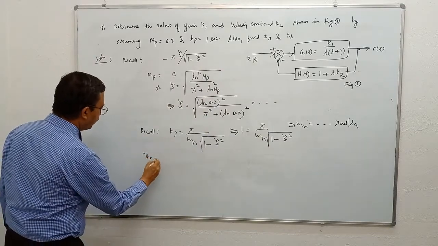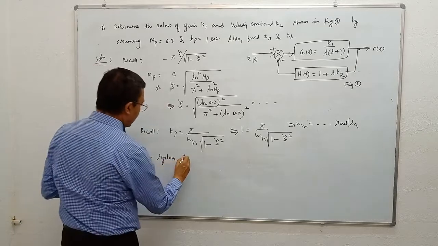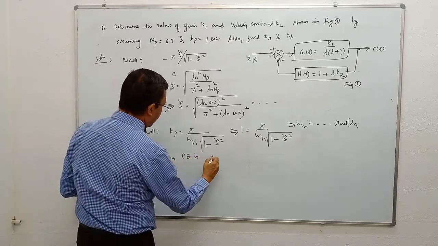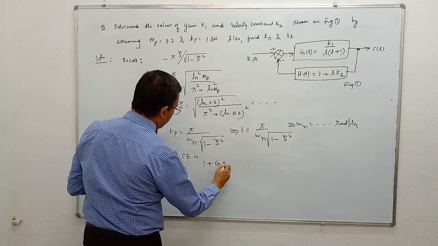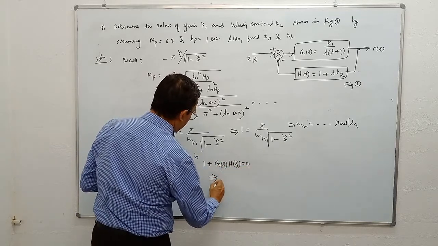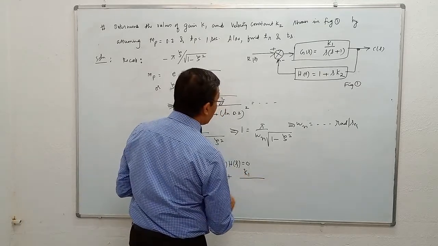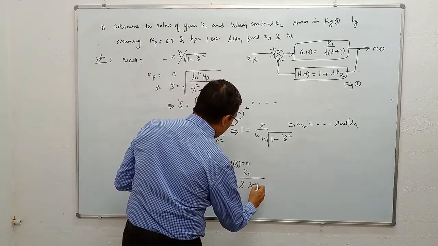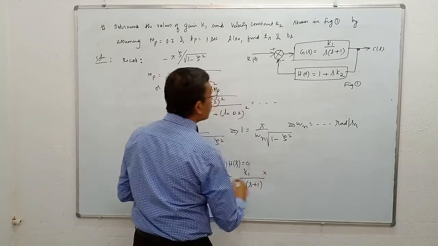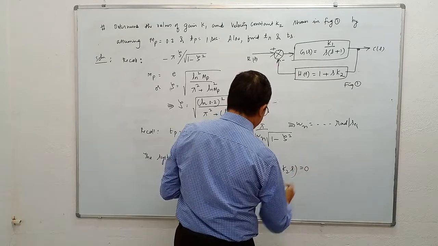The system characteristic equation is 1 plus g of s h of s equal to 0. This implies 1 plus k1 divided by s into s plus 1 into 1 plus k2 into s equal to 0.